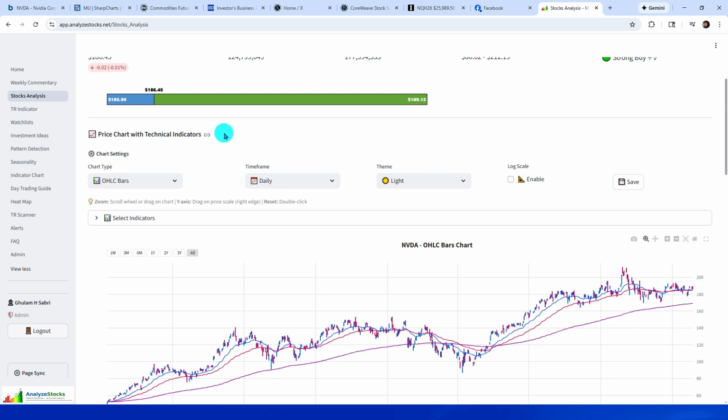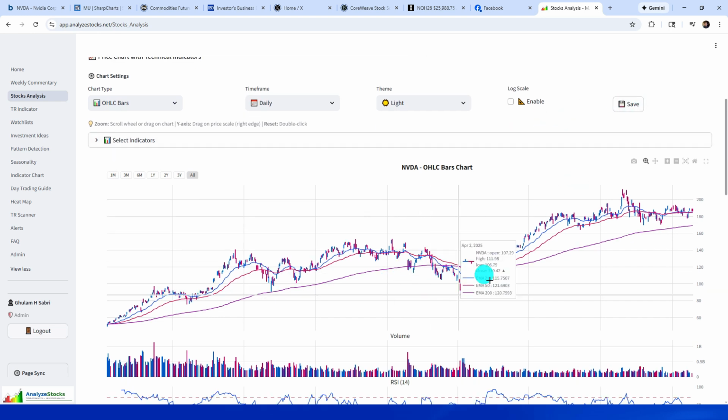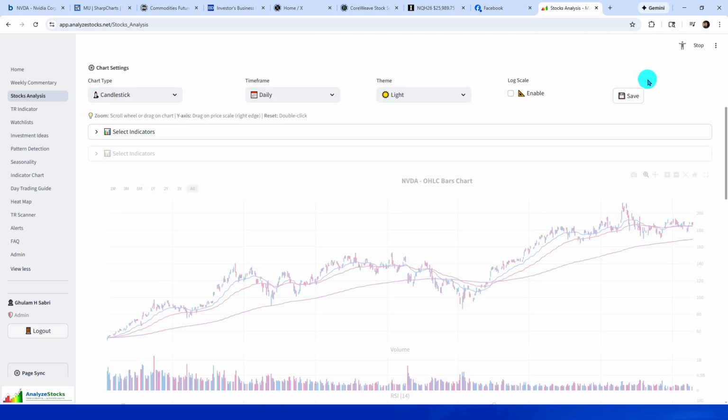Here we have some different technical indicators plotted on this chart so you can see the NVIDIA price action. On the daily time frame, you can choose between daily and weekly. You can choose from different available chart types like candlestick, OHLC bars, line charts, area charts, whatever you would like to see.